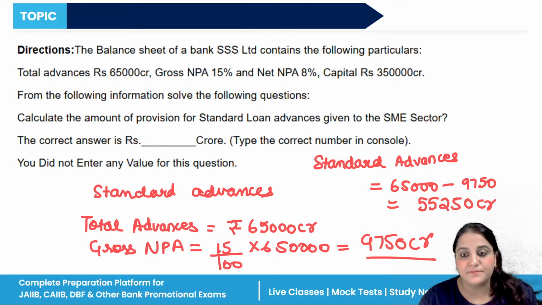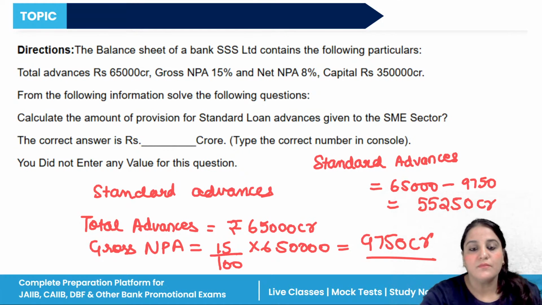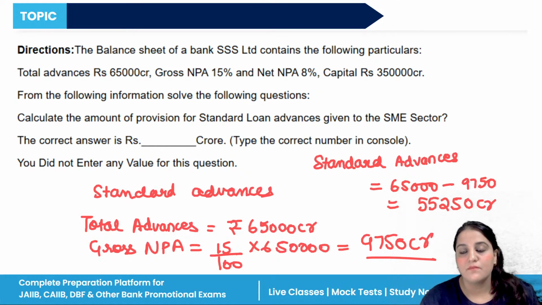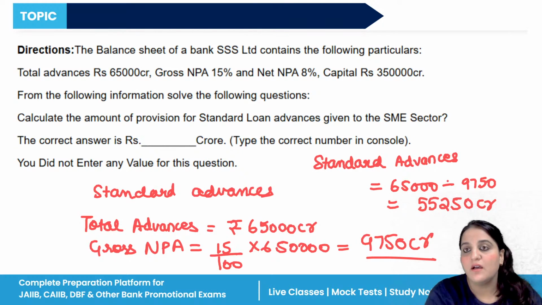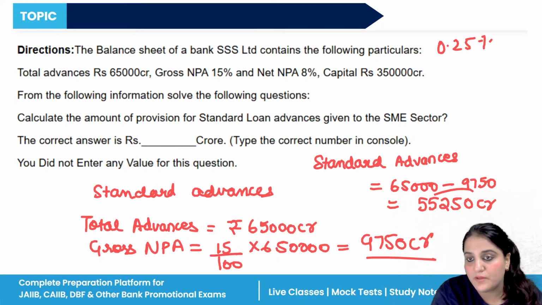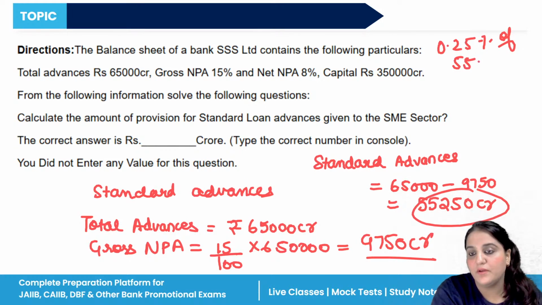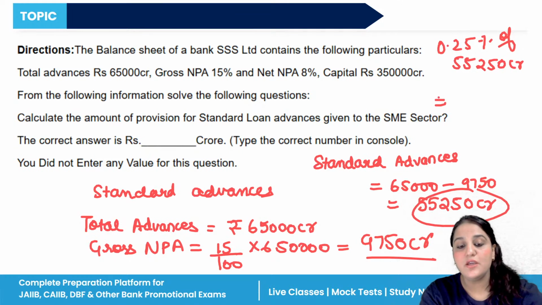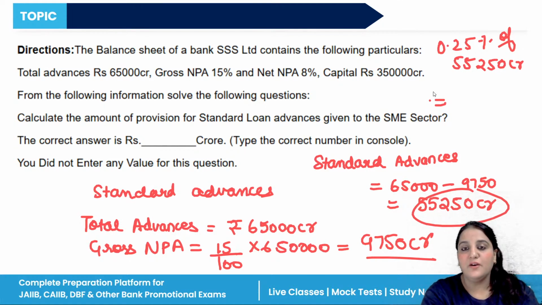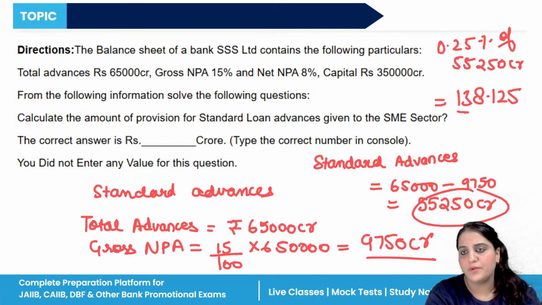That means we just calculate 0.25% of this amount, 55,250 crore, which is equal to near about 138.125 crore.